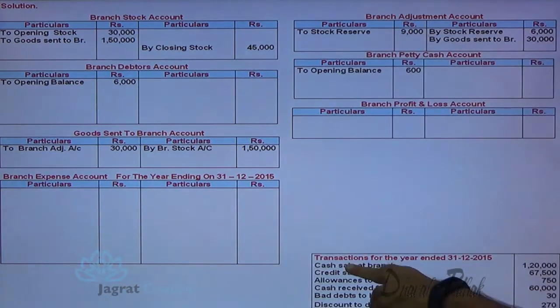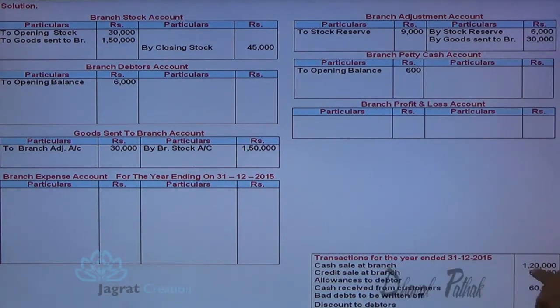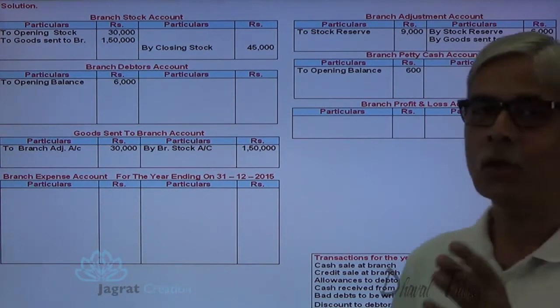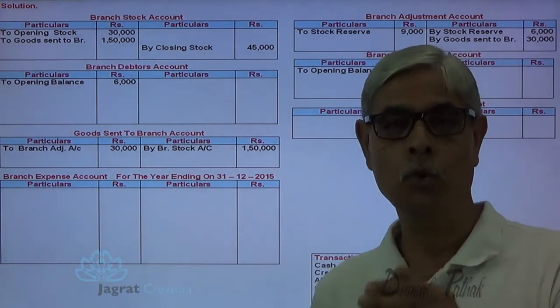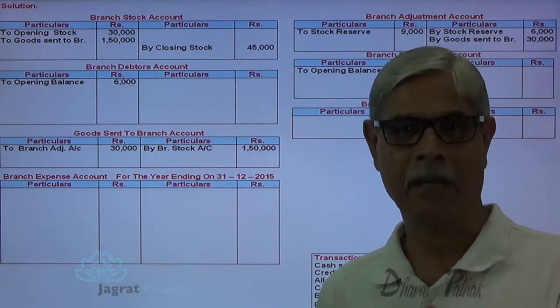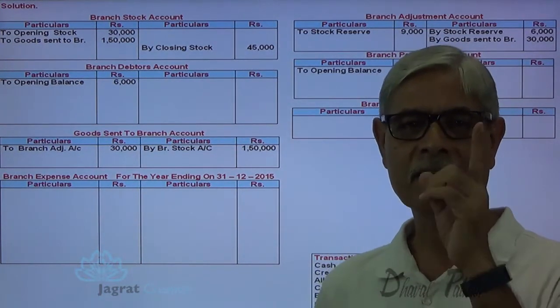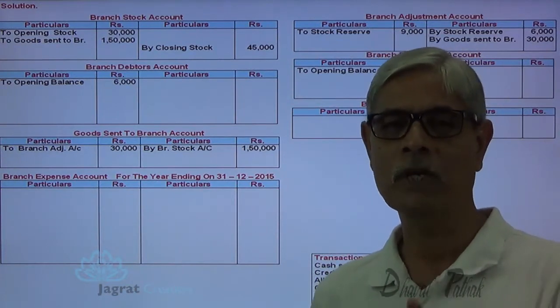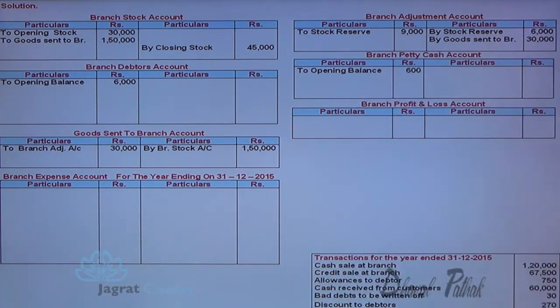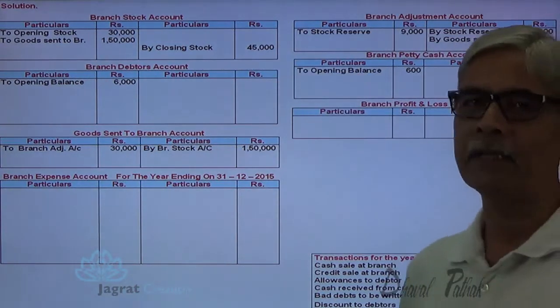But if you notice, cash sale 1,20,000, credit sale 67,500. So the total of these two sales is not equal to 1,35,000. So goods are sold by branch at a price above the invoice price. That's a very important inference that students should draw while solving the sum. But the entries are going to be recorded in the same way.